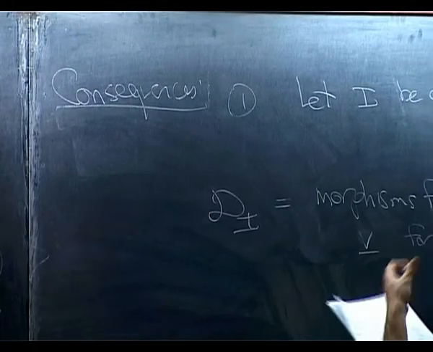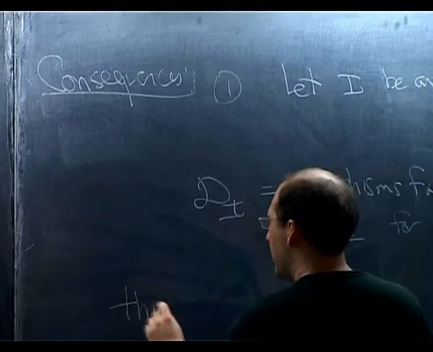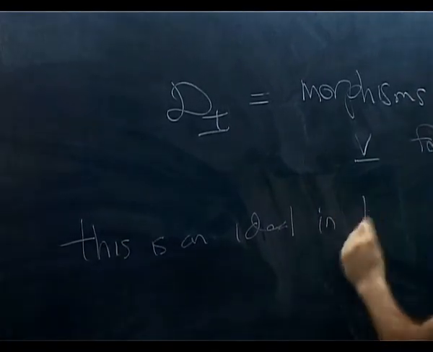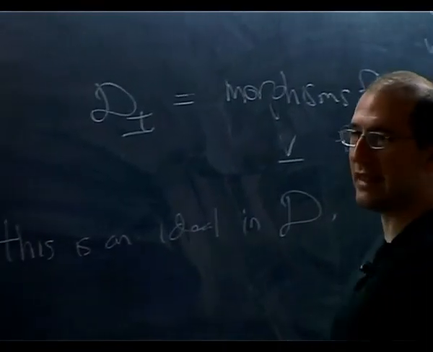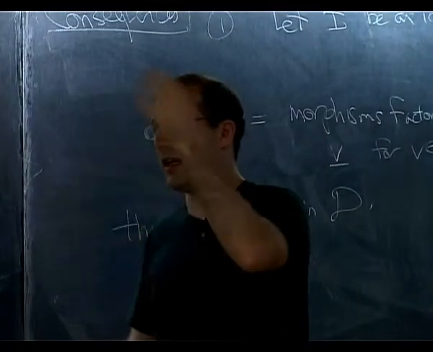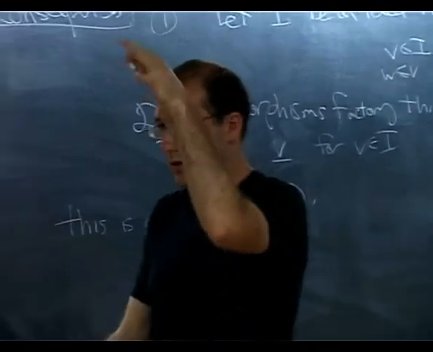Okay. So here you've got this an ideal in the category. So what is an ideal in a category? It's a subset of every Hom space closed under any sort of composition, monoidal or not monoidal, just vertical composition.